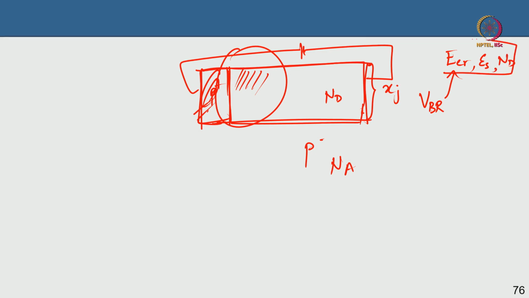These 3 parameters let me express the breakdown voltage very easily, and that is what is done in the next slide. This is the breakdown voltage that will happen without considering any RESURF.